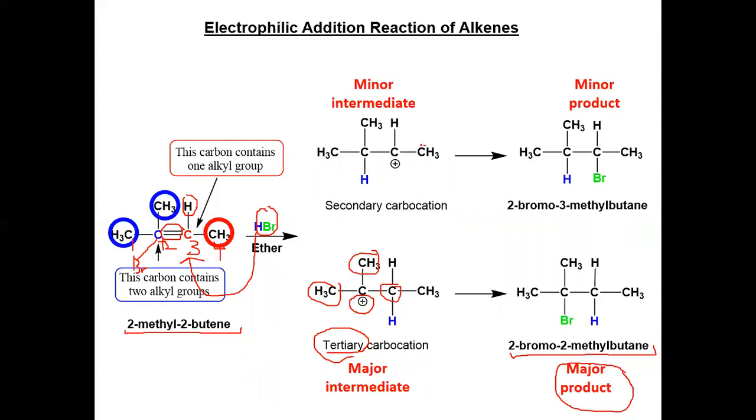So this is only a secondary carbocation. So dia ada attachment kepada 2 carbon saja jiran dia. So tertiary cation is more stable compared to your secondary carbocation. So that's why tertiary will become a major product, compared to secondary akan jadi minor product sahaja.